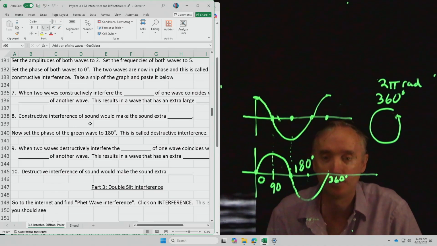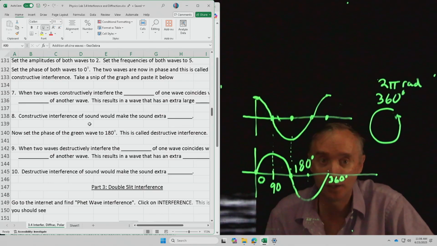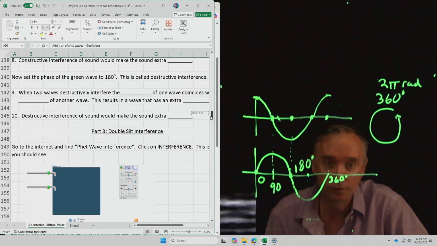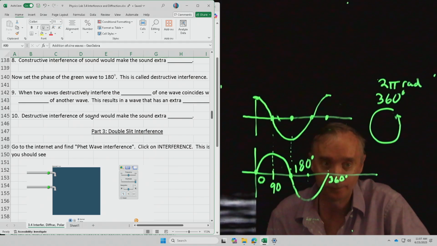The sound would be extra what if it was constructive interference. Now we're going to set the phase of the green wave to 180 degrees, and then something different is going to happen. So you're going to fill in these blanks here. And then destructive interference for a sound wave would make the sound extra what?